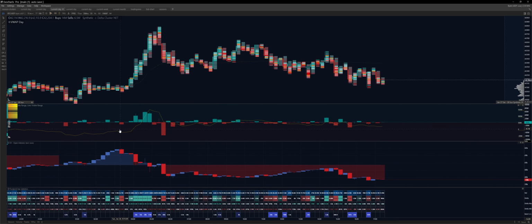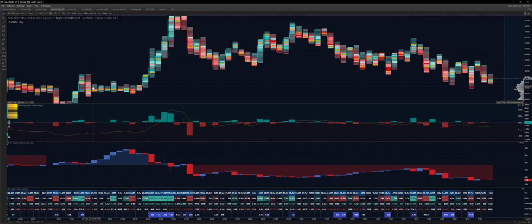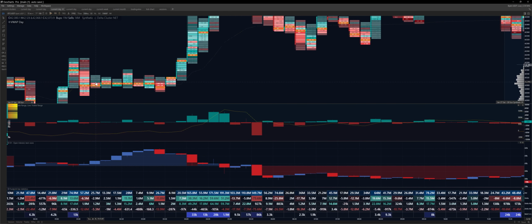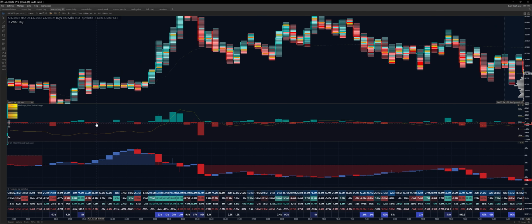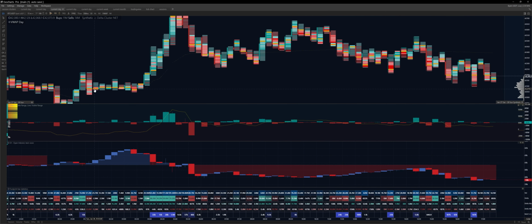So if we have an increase in open interest, like here, for example, this candle had an increase in open interest, but the delta was negative. What this means is that there have been new shorts here. Increase in open interest means new positions, actual new positions.